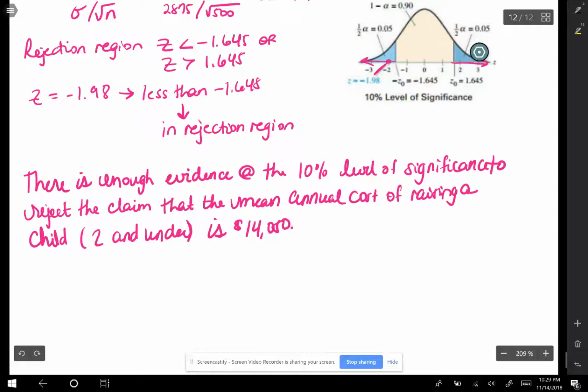So according to our evidence, we could reject that claim that the cost is $14,050. Now, we don't know if that means the cost is less or greater than. We're just rejecting the claim that it's exactly equal to $14,050.